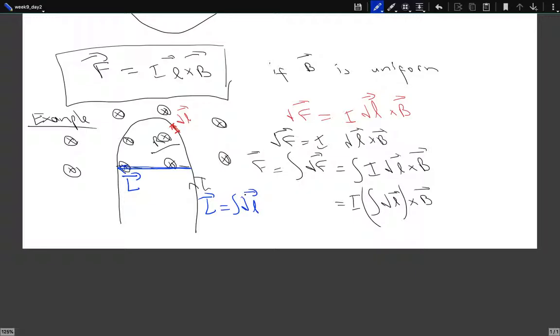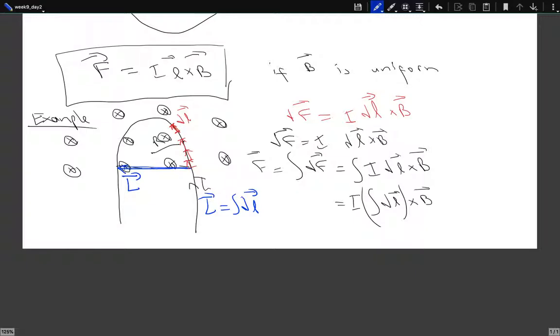Well, how do you sum vectors? Vector summation. Just you add one after the other one, geometrically. Well, here there is a vector. So the summation over the dl is sum over all these very small vectors.